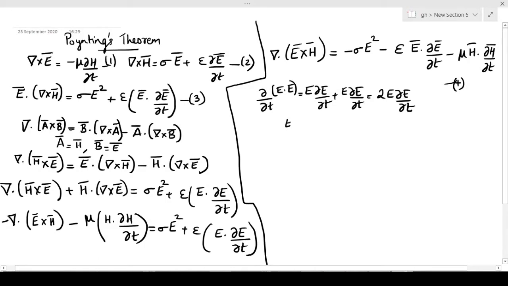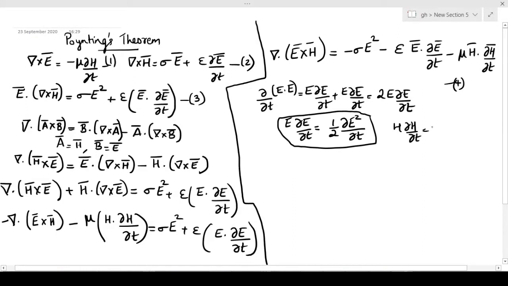So you can write E ∂E/∂t is equal to half ∂E square/∂t. Similarly, you can write one more equation, that is H ∂H/∂t is equal to half ∂H square/∂t.